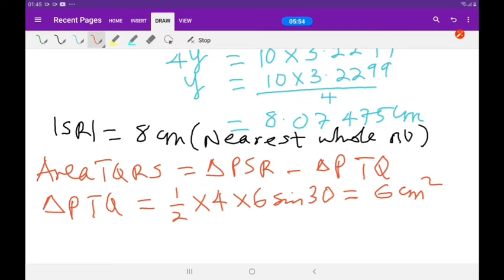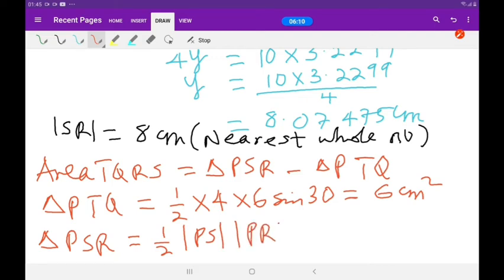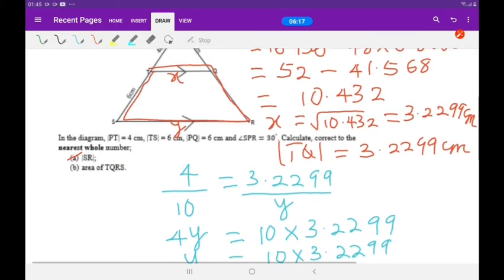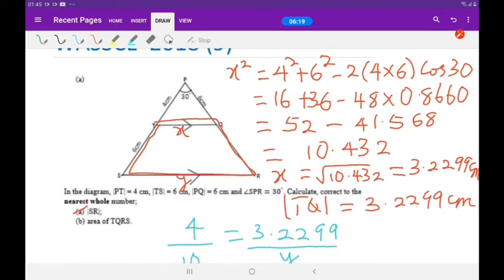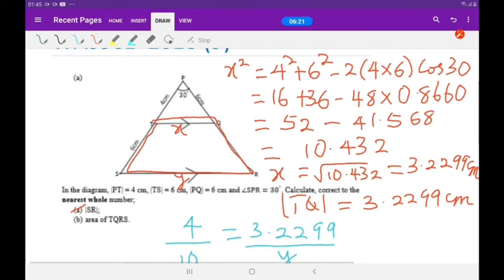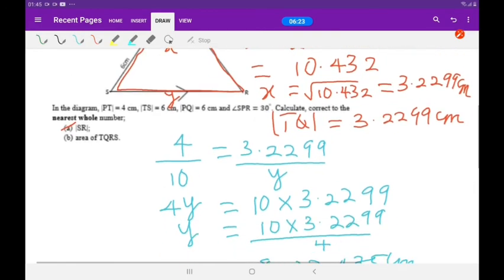Now the next is to calculate the area of triangle PSR. Triangle PSR will be equals to half line PS times line PR then sine theta. Now from the question, you will notice that we only know PS, we don't know PR.